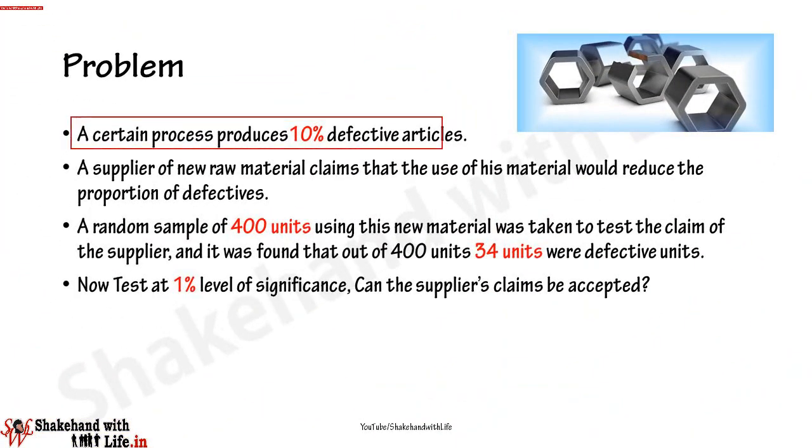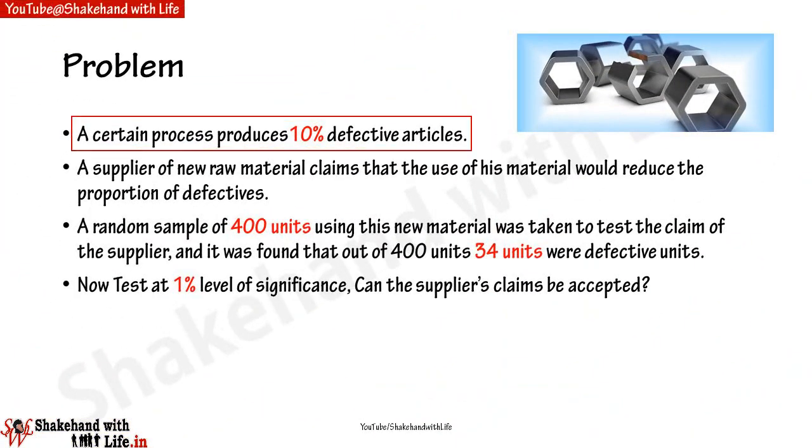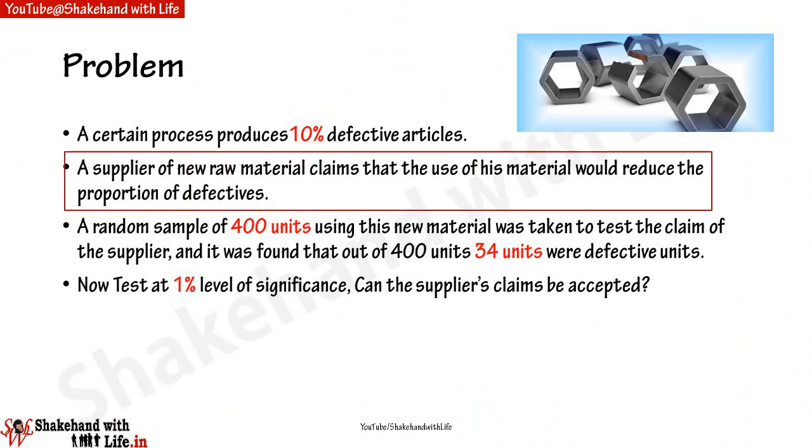Now let's take an example to understand how you can solve the problems when a proportion of population is given. A certain process produces 10% defective articles. A supplier of new raw material claims that the use of his material would reduce the proportion of defectives.